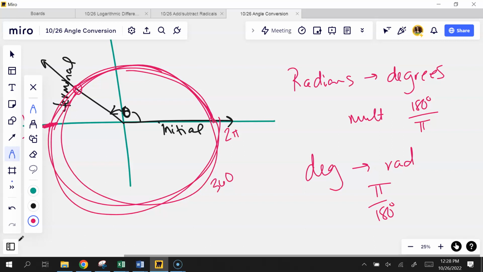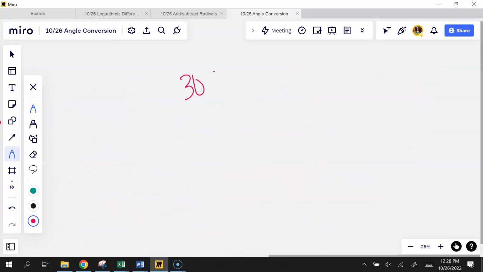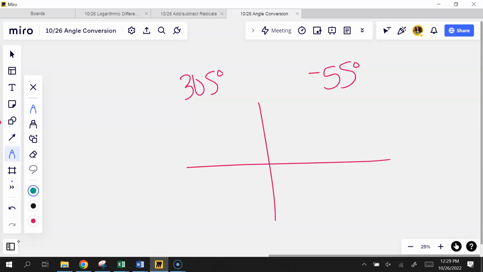Which one are you looking at? If you do this, do you end up in the same spot? In other words, if I'm on my circle and I go 305 degrees this way, which is going to end me up somewhere around here, or if I go negative 55 degrees this way, do I end up at the exact same spot?